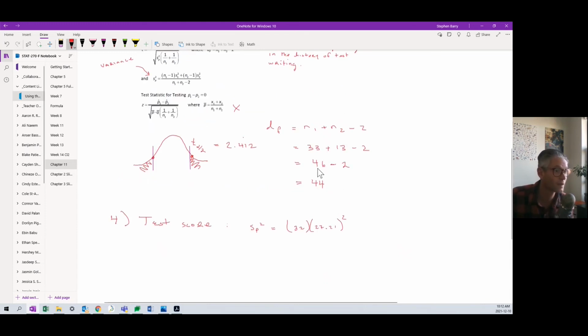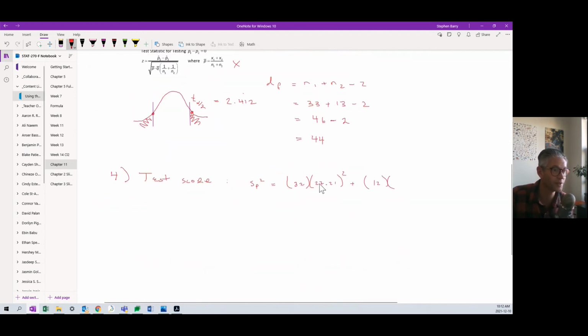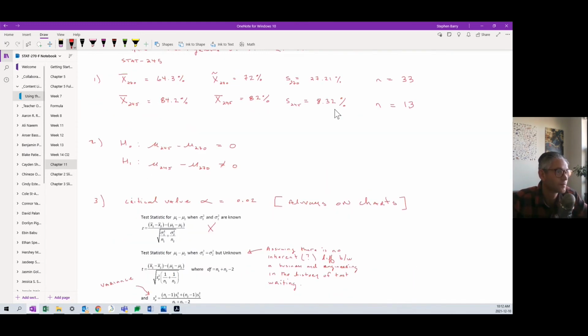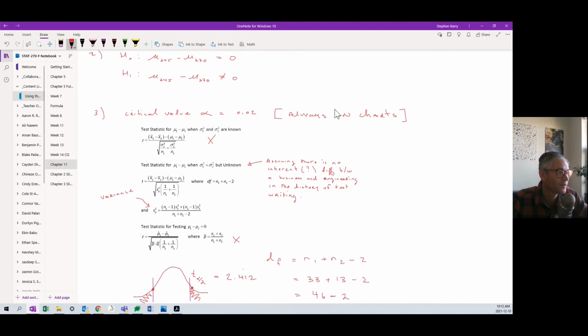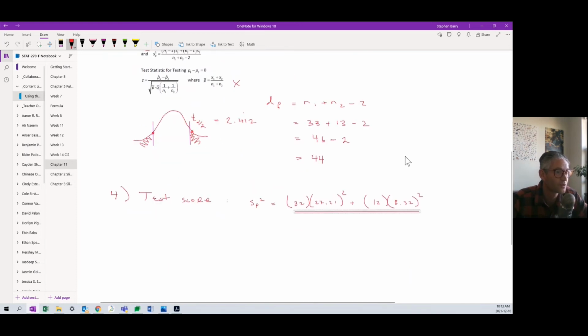Plus N2 minus 1, so 12, times their standard deviation, which was 8.32. And then finally, N1 plus N2 minus 2, divided by the degrees of freedom again, so 44.